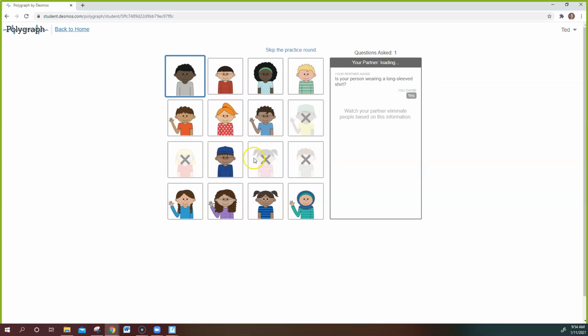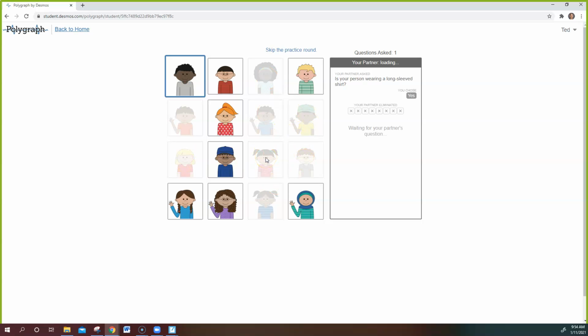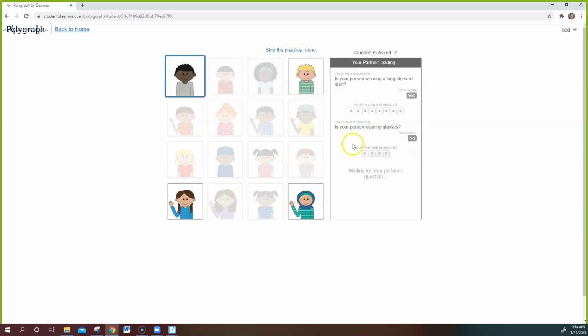So then the computer I'm playing against is going to X out anybody with short sleeves. All right, now of the people left, is your person wearing glasses? My person is not. And so on. So you don't have to do this practice round, but now we narrow it down to 4 spots. Is your person wearing a striped shirt? So in this case, my answer is no.